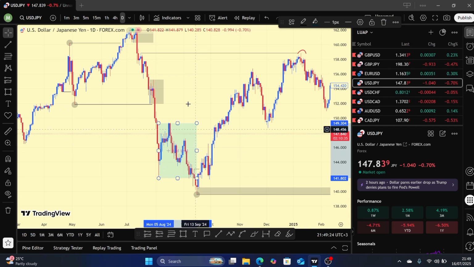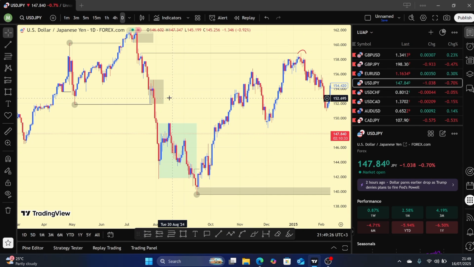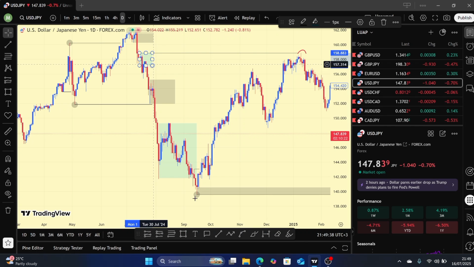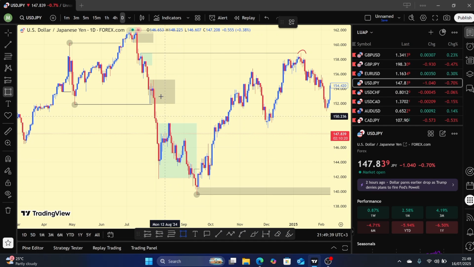So if it's mitigated, then this means that this here is the order flow that stays unmitigated. And also you can clearly see there is also this order flow, but this order flow is mitigated. And you can clearly see another order flow here which is not mitigated.